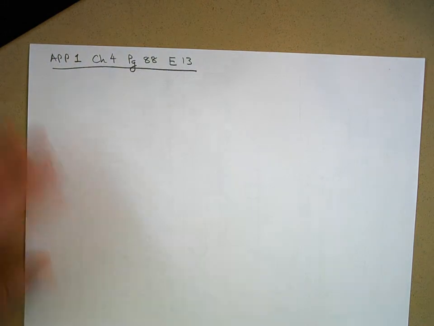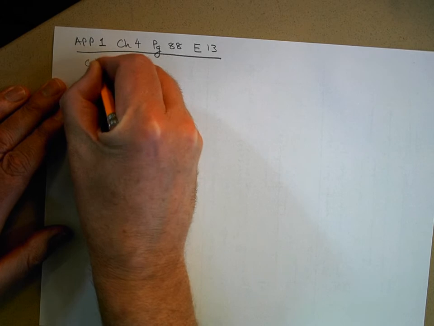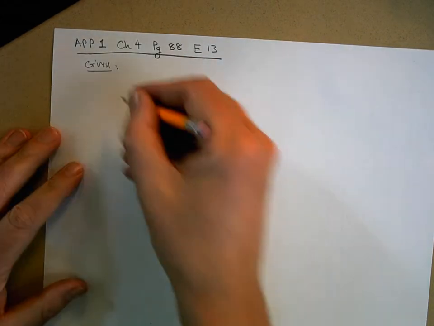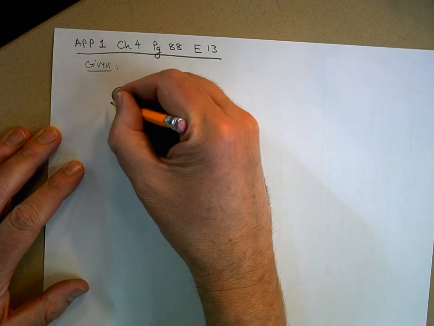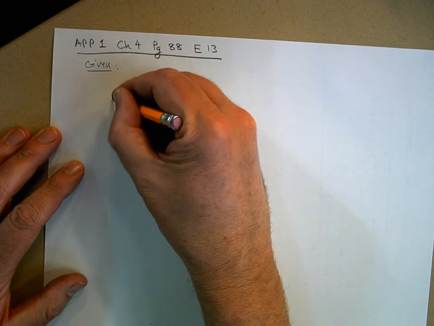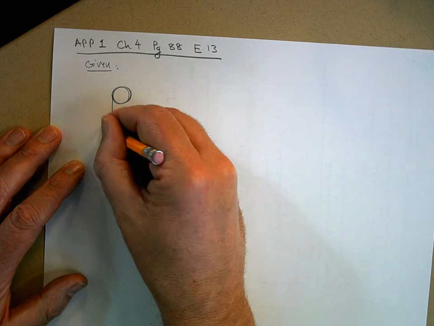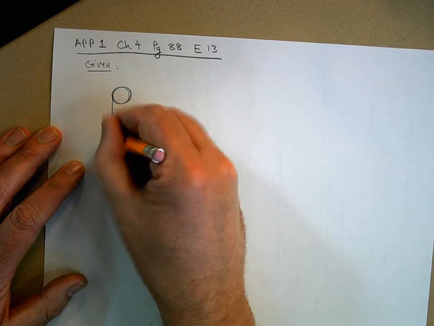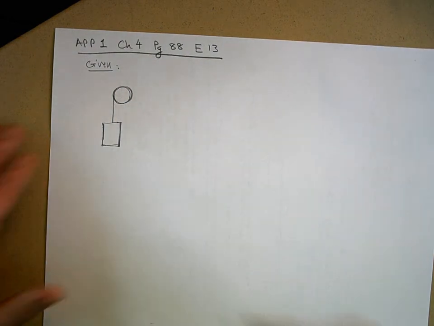So let me start with step 1. Given. We're going to give and find and solve. So we're going to have this big pulley up here. And we've got this elevator with people in it. Now obviously this is not a real elevator, although they do use counterweights. So this is a super simplified elevator.